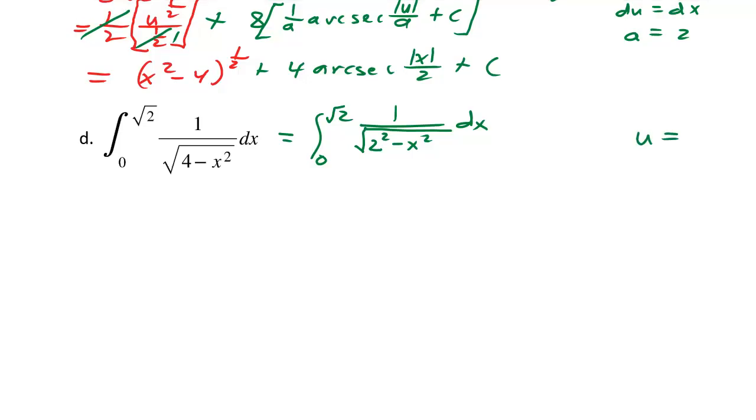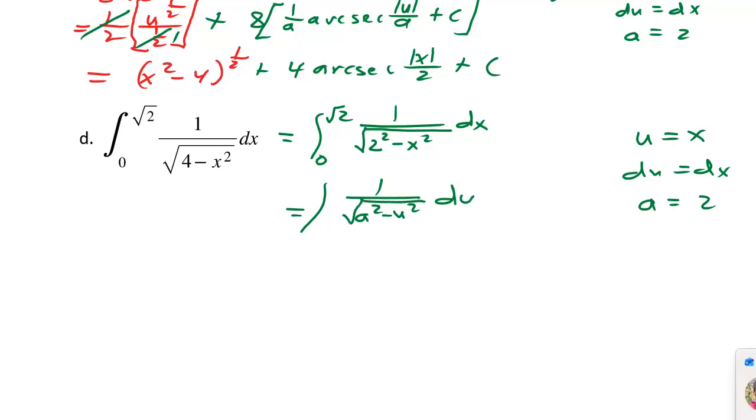All right, so u is equal to x and du is dx. And then a is equal to 2. All right. So we've got the integral of 1 over root a squared minus u squared du.